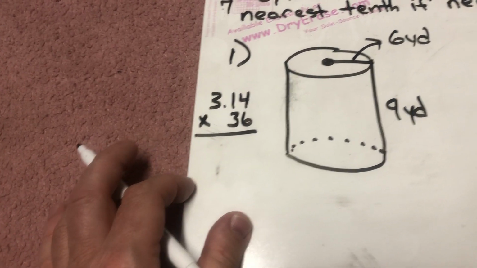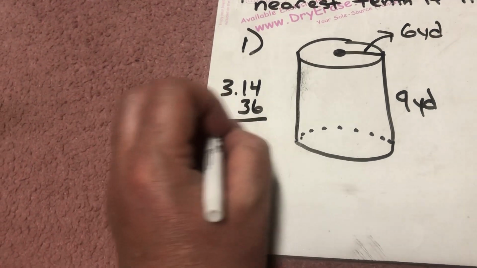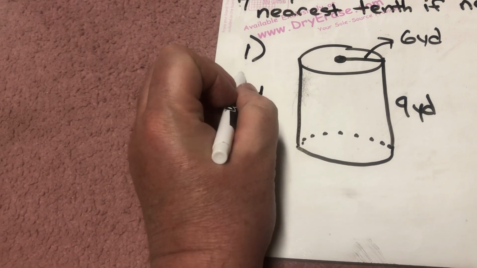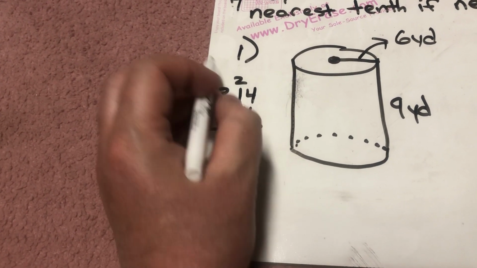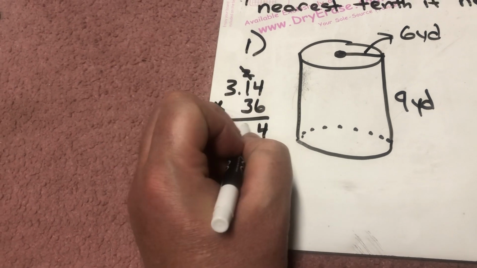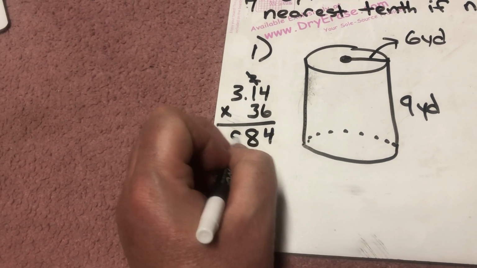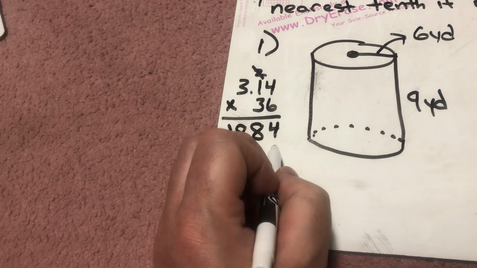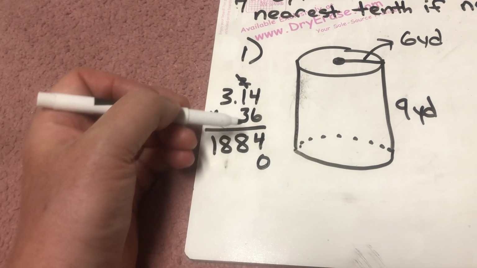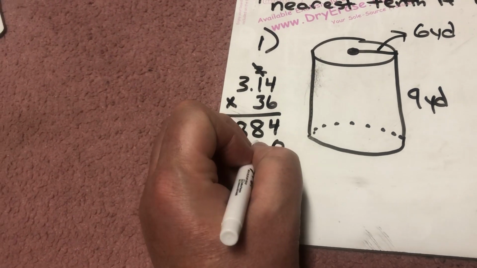Okay? Now, 6 times 4 is 24. Put the 4 down, carry the 2. 6 times 1 is 6, plus 2 is 8. 6 times 3 is 18. Put the 0 down so it all lines up with the 4. 3 times 4 is 12.